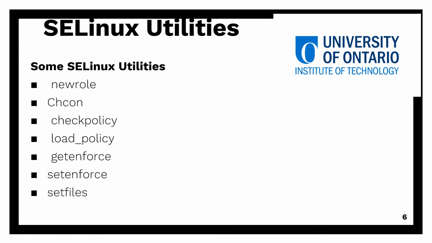Unfortunately, I'm running out of time, so I'll be a little fast here. I'll just look at some of the SELinux utilities. We have newrole, which starts a new shell with a new role or role and type combination.